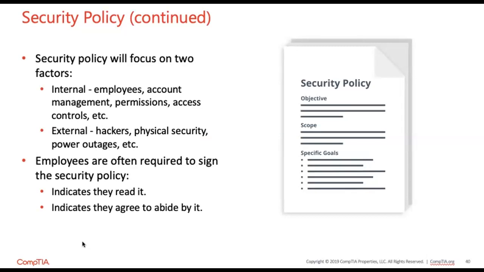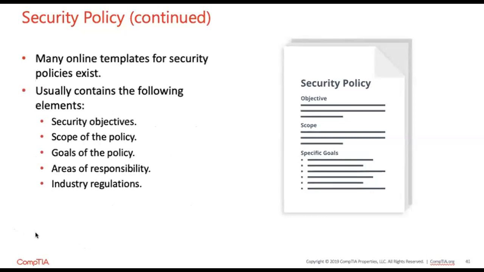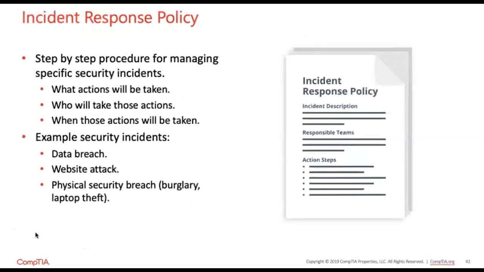Employees are often required to sign the security policy. Once they agree to it, it means they can abide by it, but also challenge it a little bit. There are many templates that exist, and they usually contain security objectives, scope of policy, goals of policy, areas of responsibility, and also industry regulations.